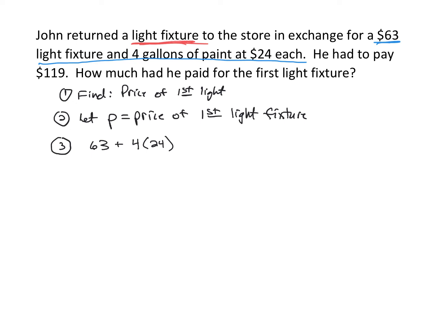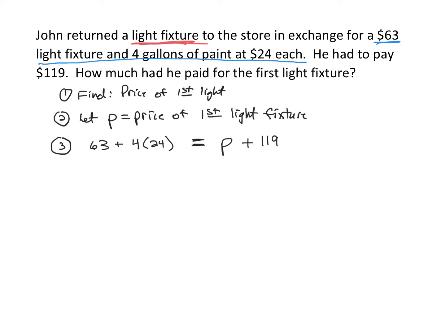So if I wanted to make the two quantities equal, I would have to take the original price of that first light and add that $119, and then he would have enough to buy this stuff. Just the price of the light that he took back wasn't enough to buy all of this. He needed the refund plus another $119.